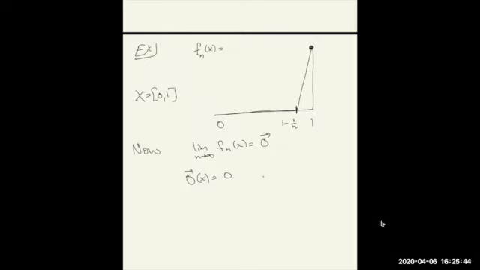But in what distance? Well, in some sense, in the D1 metric. Why? Well, let's look at the distance D1 of fn and 0. This is equal to the integral of the absolute value of fn minus 0.